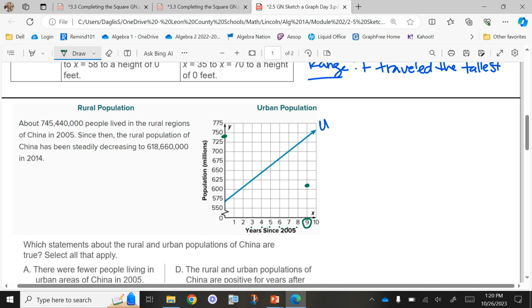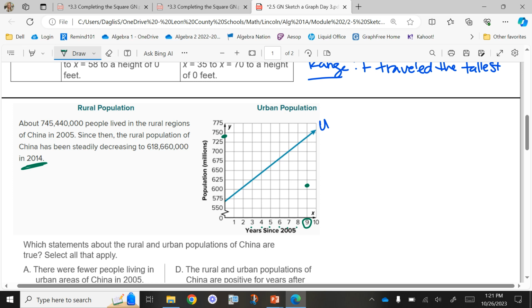What makes no sense? The X's? Okay, see how it's labeled? Years since 2005. So 1 means 1 year since 2005, which means it's 2006, right? 5 years since 2005 would represent the year 2010. Okay, it specifically says in my description 2014, right? So 9 years after 2005 would give me 2014.